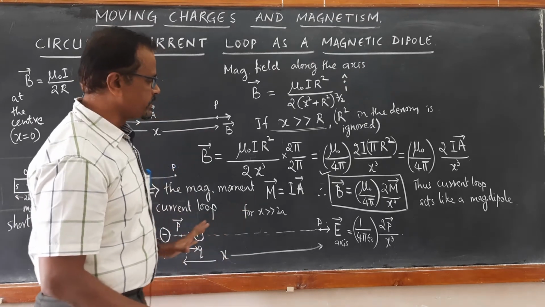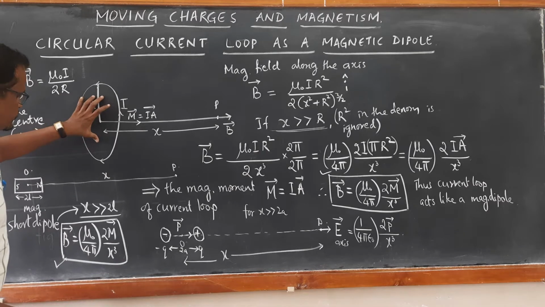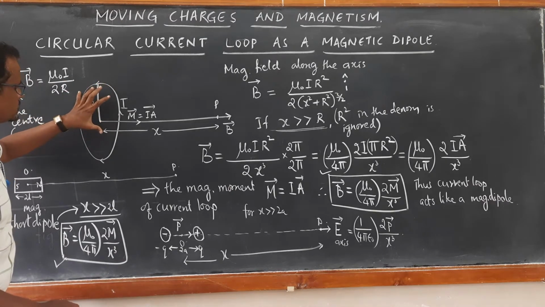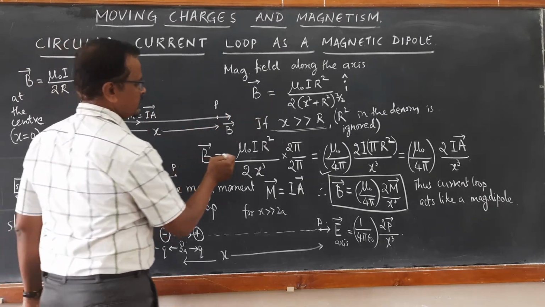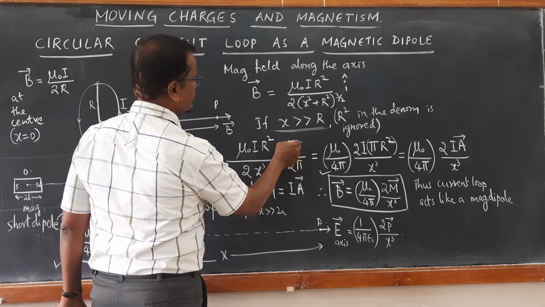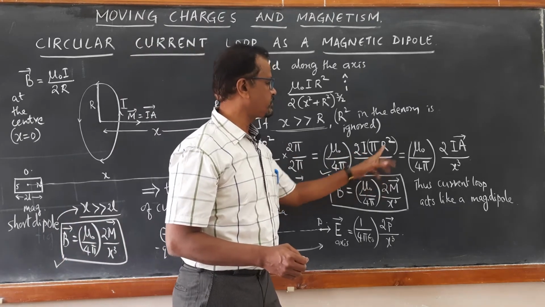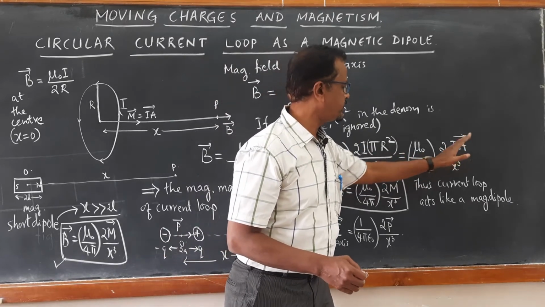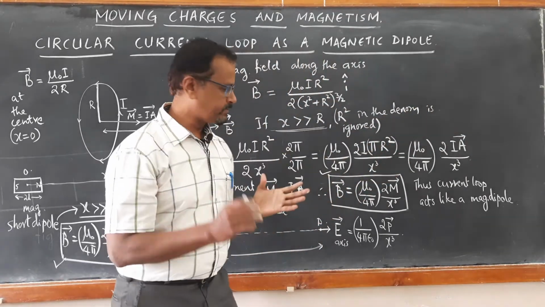So the conclusion here is that even though it is a current loop carrying current I having a single turn, the magnetic field we know is given by this. After multiplying 2 pi in the numerator and denominator, we get the equation 2I pi r square upon x cube, which can be further written as mu naught upon 4 pi 2IA upon x cube, where we know the product IA is the magnetic moment.